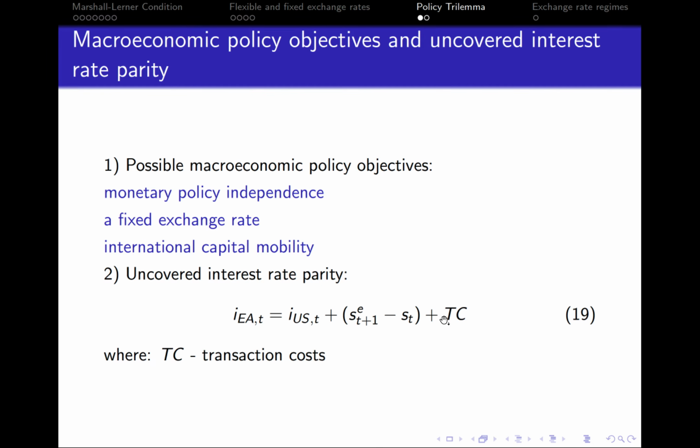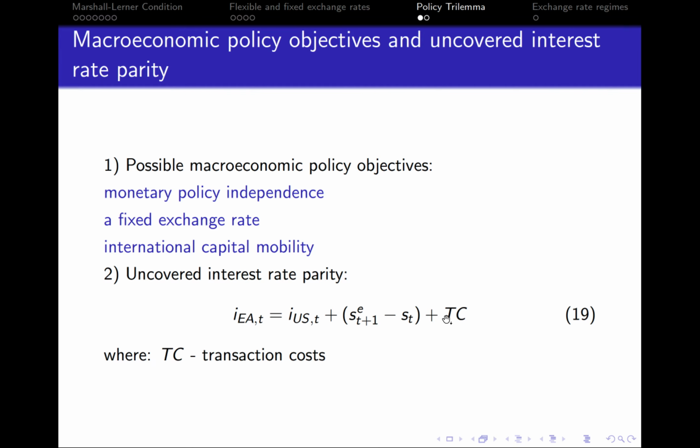Unless, of course, we impose some capital restrictions. If we have these capital restrictions, then we can maintain a different interest rate in the euro area than in United States, and at the same time we can maintain the same exchange rate, because we see that in this case there is no reason for those two to be different from one another.